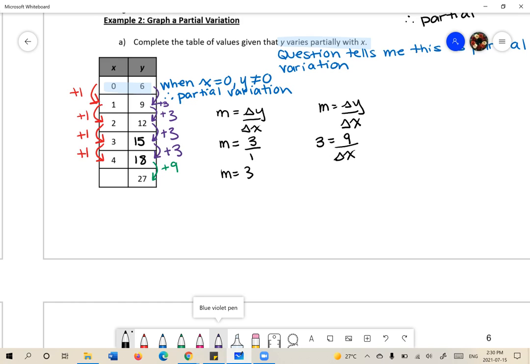I'm going to bring my change in x to the other side so it becomes multiplication. So that will be change in x times 3 is equal to 9. And then I'll bring my multiply by 3 to the other side so that my change in x is isolated. 9 divided by 3 is 3. So that means as y is changing by 9, my x is changing by 3. So my x value here is 7.